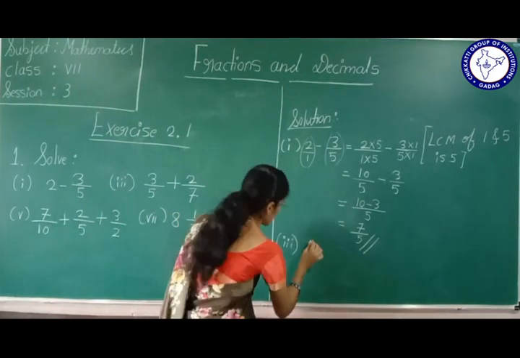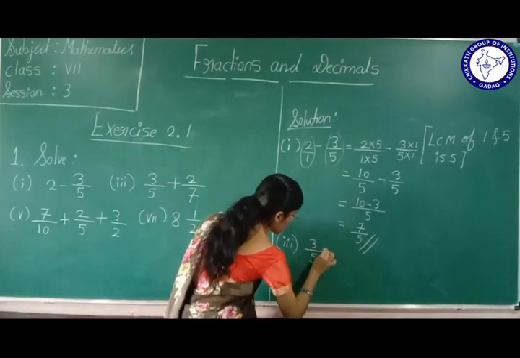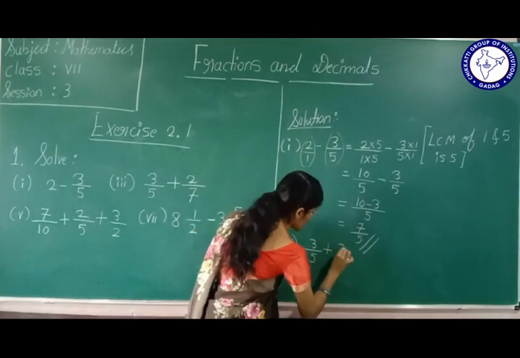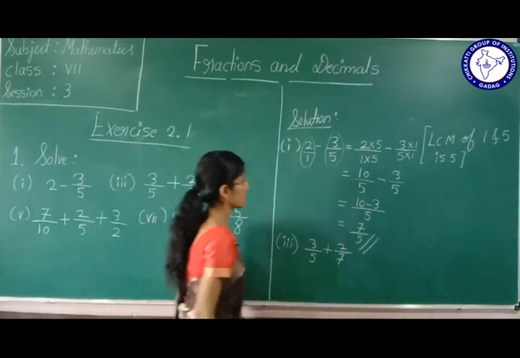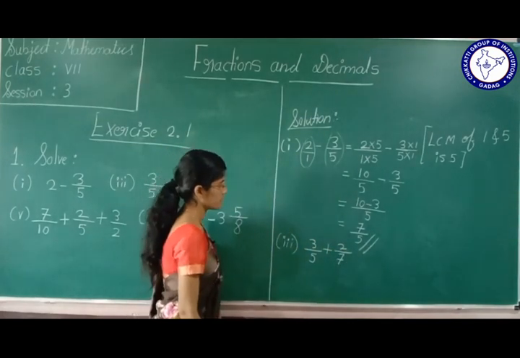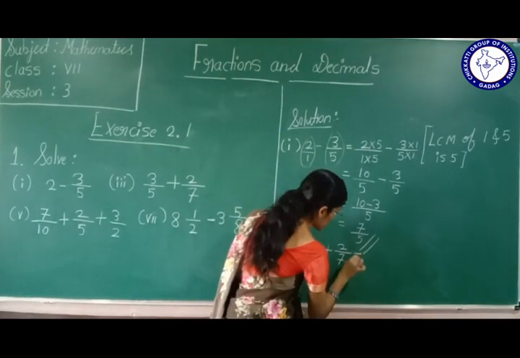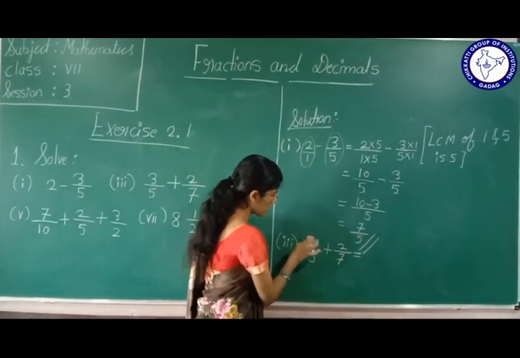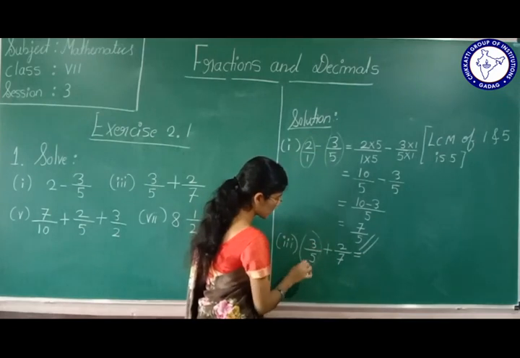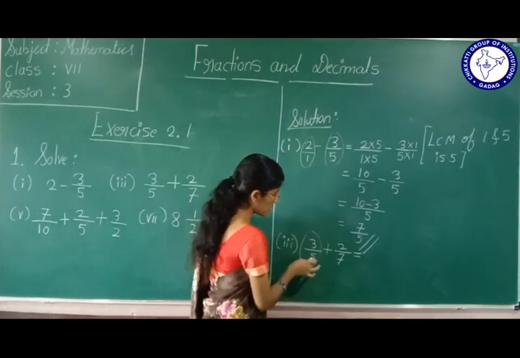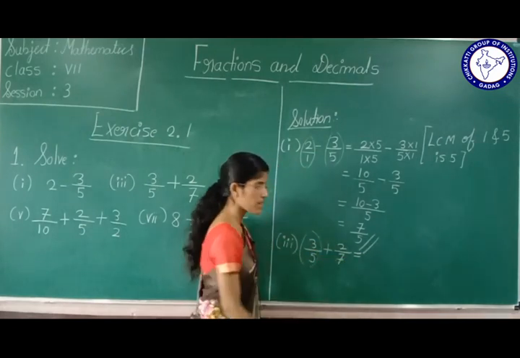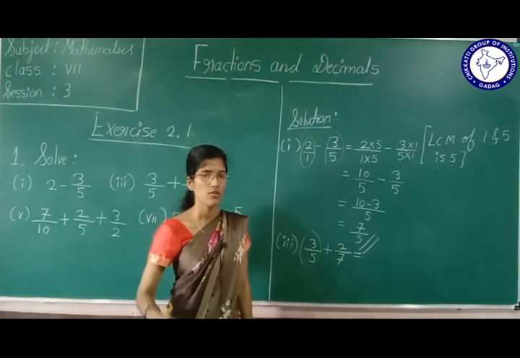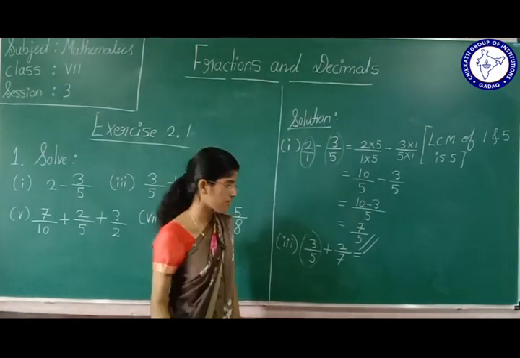The third one is 3 by 5 plus 2 by 7. Now see, these are also unlike fractions. 3 by 5 and 2 by 7 are unlike fractions. Yes or no? First we have to convert into like fractions.